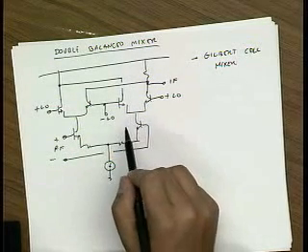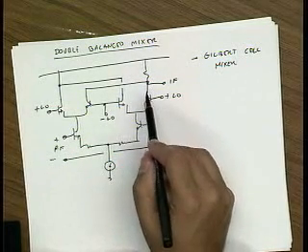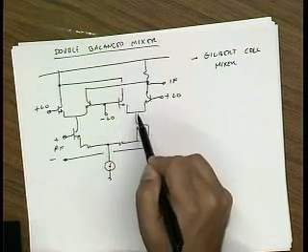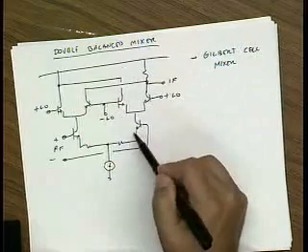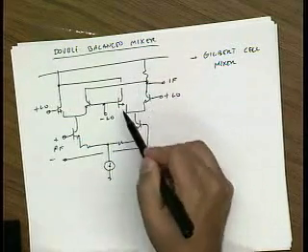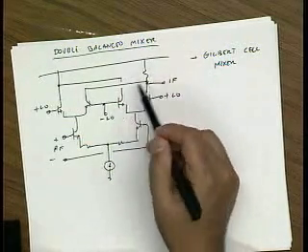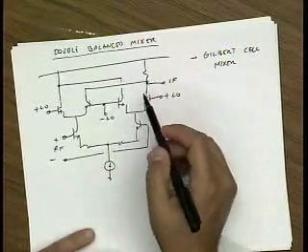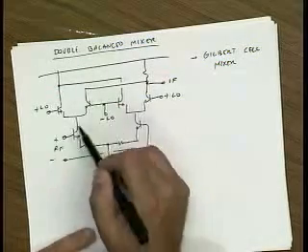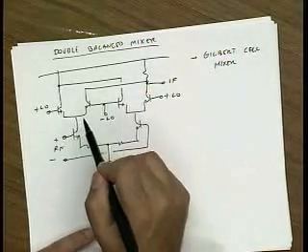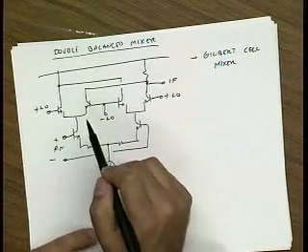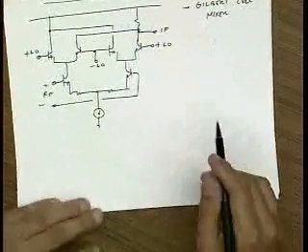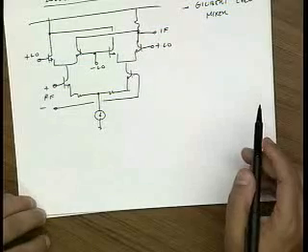And then for the negative LO cycle, this device will be on, and so the current from this guy will go to the supply. So from this guy's perspective, it looks like it's being multiplied by a square wave, just as before. But the interesting thing is that we have a second differential pair which is wired up with opposite polarity. So let me actually just draw what the circuit looks like for positive and negative LO.